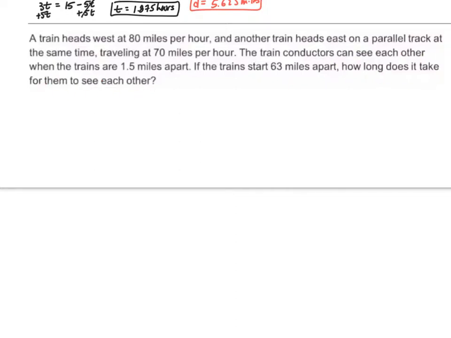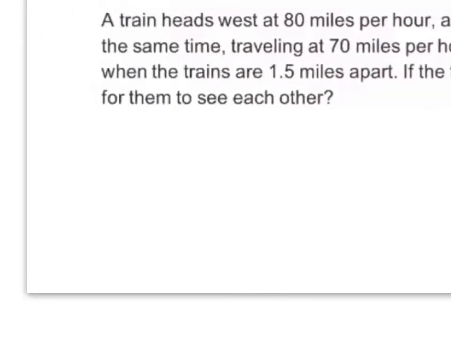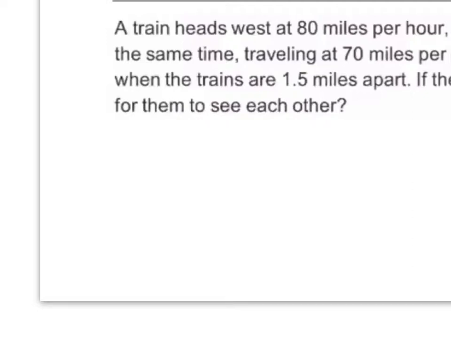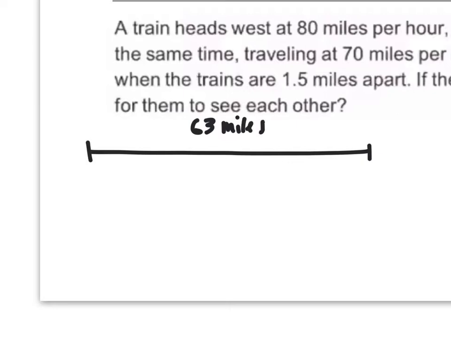Okay, so here's what I want to do. Let's draw a line here, just to show from one starting point to the other. And I know that this is 63 miles, and I know that one train travels a distance. We'll call this train A, and this is going at a rate of 80 miles an hour, so 80t.